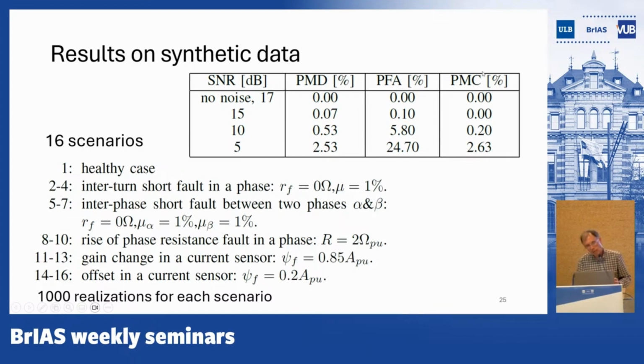And the probability of misclassification, so that's a situation where a fault is detected, but the identified fault is not the correct one. So you see that the performance seems to be reasonable at this stage. And these results are obtained by performing 100 realizations for each of the 16 scenarios with different noise. So what changes is the noise realization.